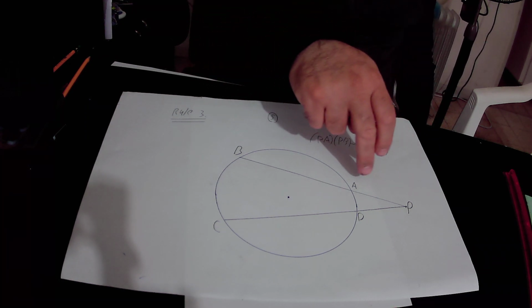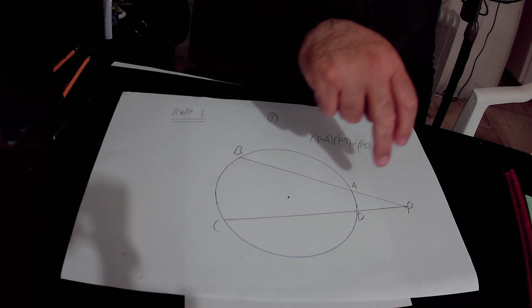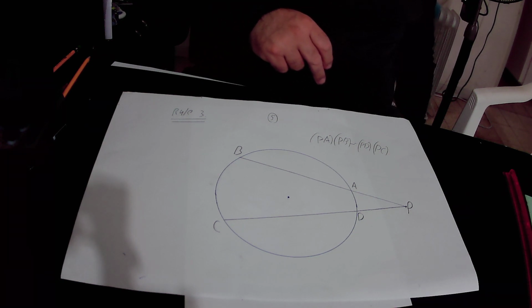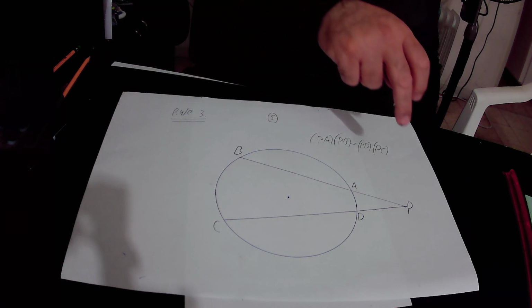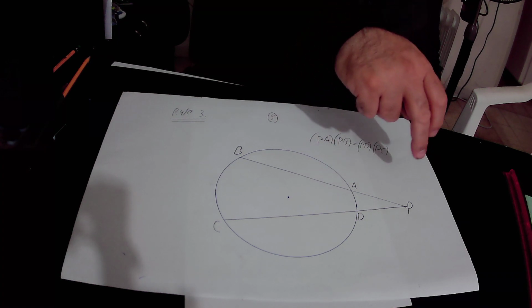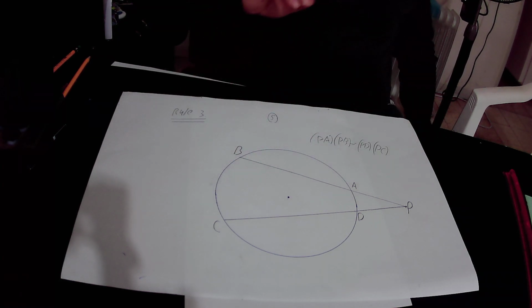The first chord is called AB, and the second chord is called DC. Then the following relationship exists between the parts of those 2 chords. PA times PB equals PD times PC. Again, PA times PB equals PD times PC.